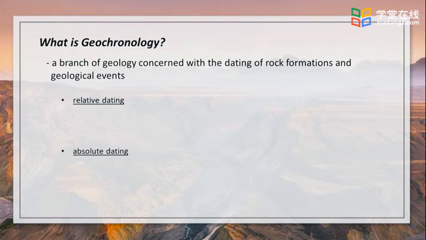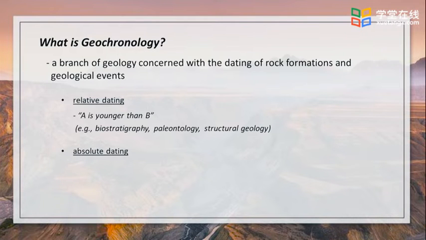Relative dating involves the determination of the relative age of, for example, rocks, giving an idea of which deposits in the Earth's crust are younger and which are older, without estimating the length of time that has elapsed since their formation. Therefore, a relative age is the age of the fossil, rock, or geological feature or event defined relative to others. Relative dating is widely used in biostratigraphy, paleontology, and structural geology.